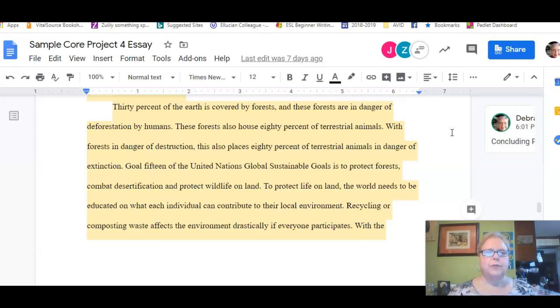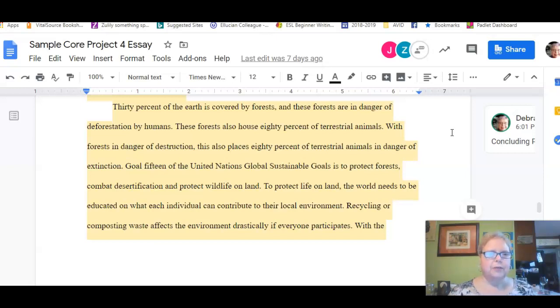Goal 15 of the United Nations Global Sustainable Goals is to protect forests, combat desertification, and protect wildlife on land. That's a mouthful right there. To protect life on land, the world needs to be educated on what each individual can contribute to their local environment.